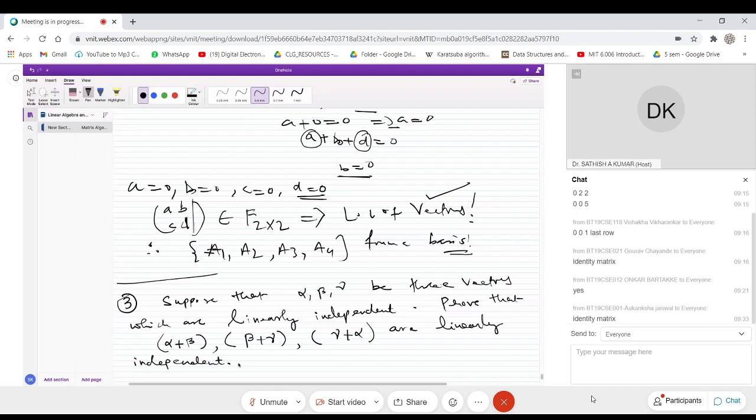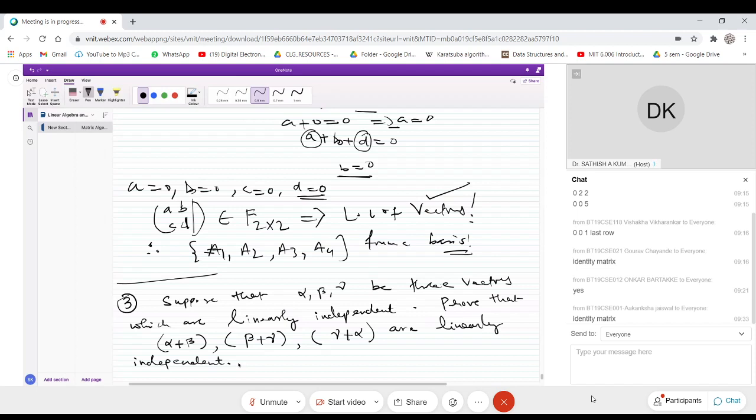And now if you want to show that alpha plus beta, beta plus gamma, gamma plus alpha is linearly independent, you consider the linear combination a into alpha plus beta, plus b into beta plus gamma, plus c into alpha plus gamma. Now you have to just consider that the coefficients are zero.